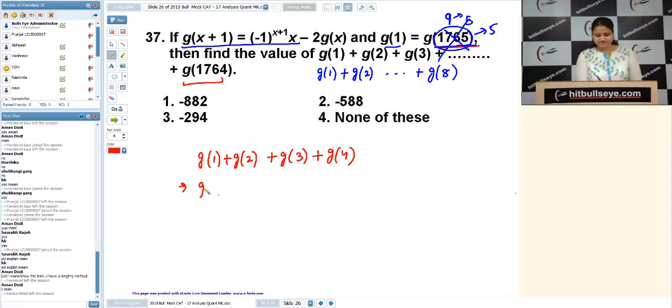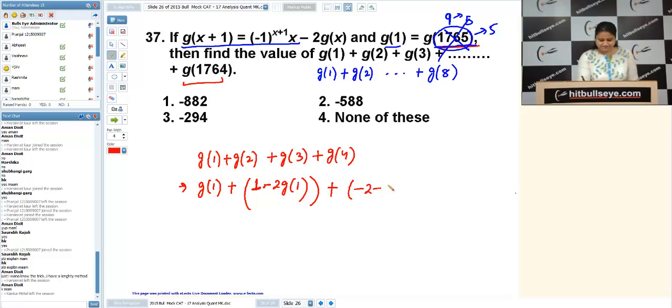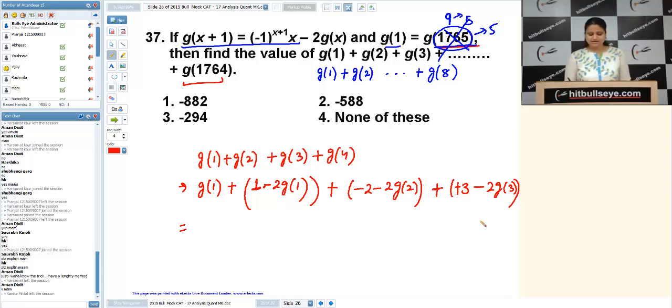Now G1 is G1 only. What is G2? G2 will be 1 minus twice of G1. What is G3? G3 will be minus 2 minus twice of G2. What is G4 here? It will be plus 3 minus twice of G3. By taking this, we will get what?